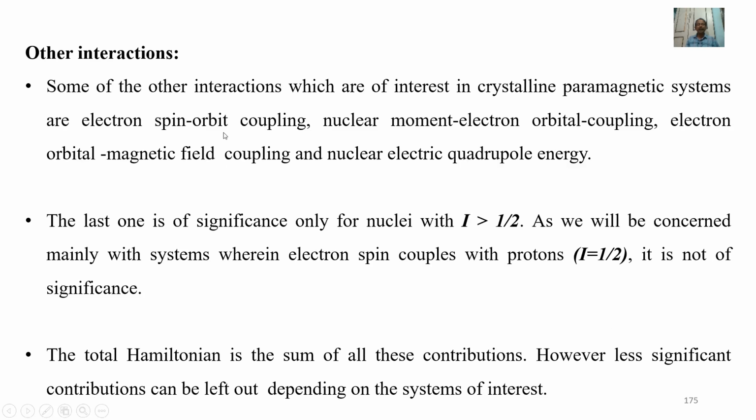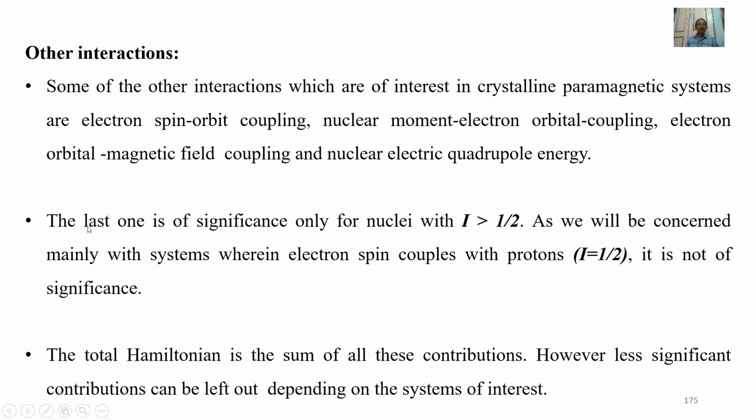Other interactions. Some of the other interactions which are of interest in crystalline paramagnetic substances are electron spin orbital coupling, nuclear moment electron orbital coupling, electron orbital magnetic field coupling, and nuclear electric quadrupole energy.